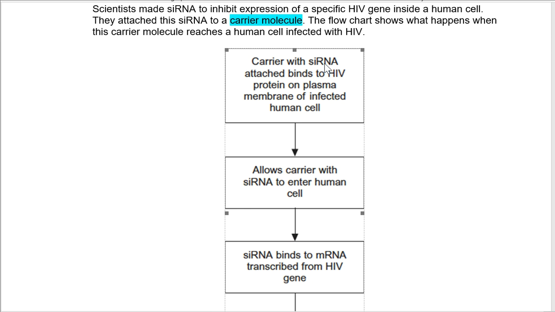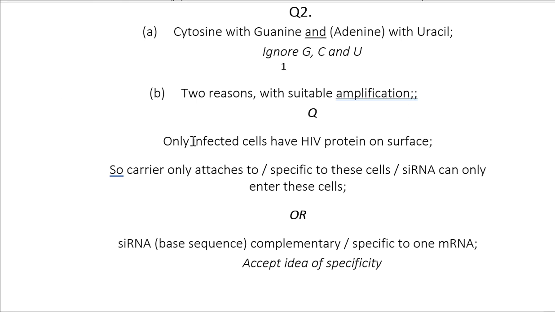It's always being used in biology. They love to use the complementary shape. The carrier protein has a certain shape, and the protein sticking out on that APC cell, the HIV protein, the antigen, is complementary to the carrier molecule. Other cells will not have that protein, so it won't bind to them. So that's the first generalized point you can say: only infected cells have this HIV protein on their surface.